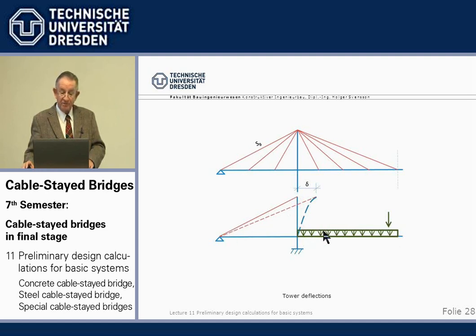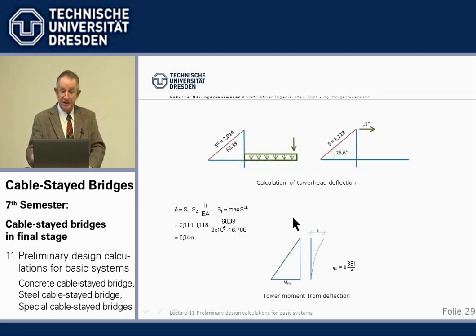Live load in the main span gives us tensile force in the backstay, which elongates the backstay, and by elongating the backstay, the tower head is shifted, and then we have a cantilever with a forced deflection at the top. We can easily calculate the moment.